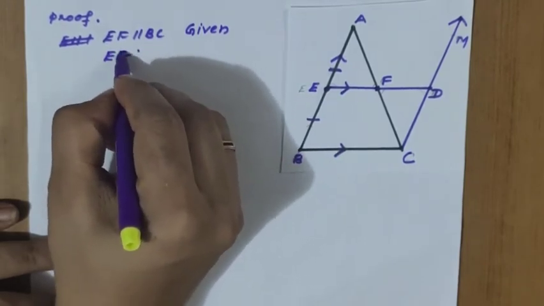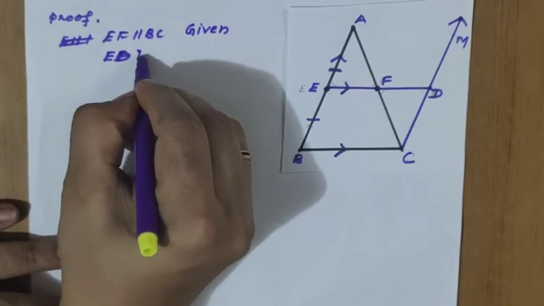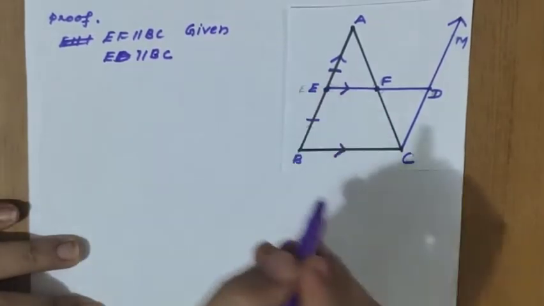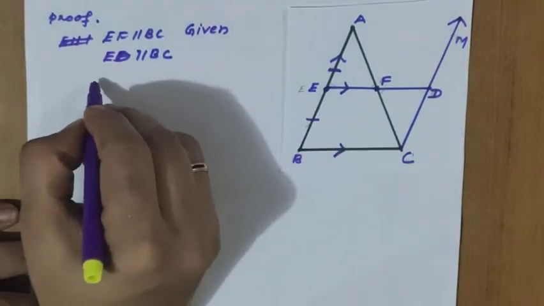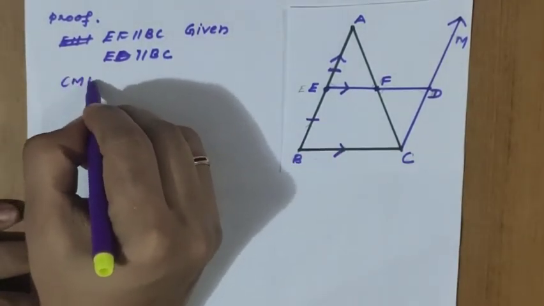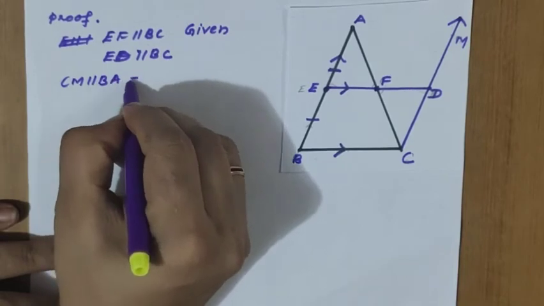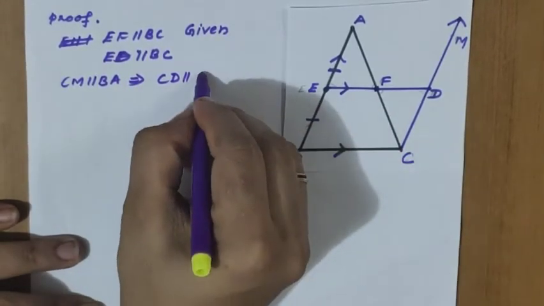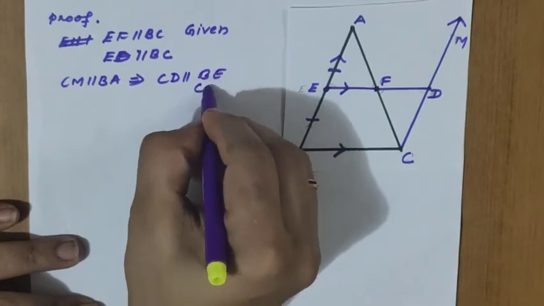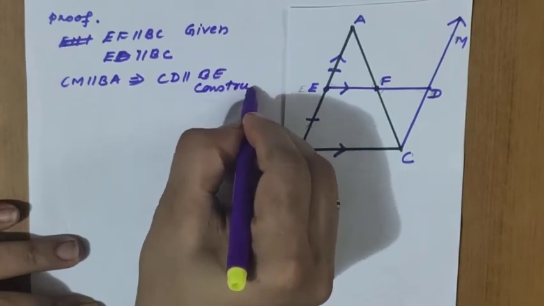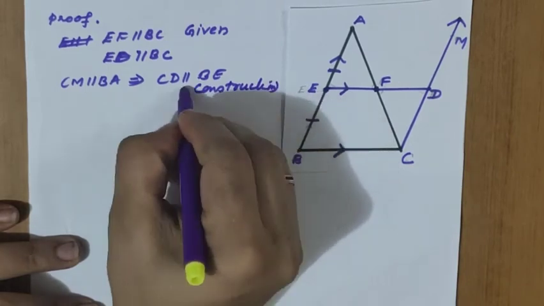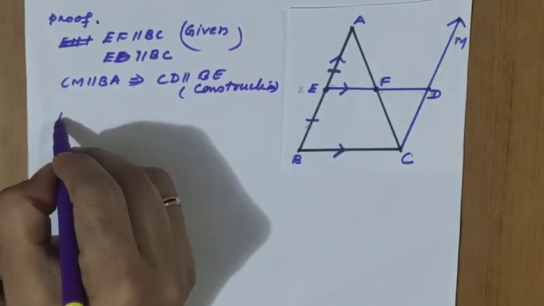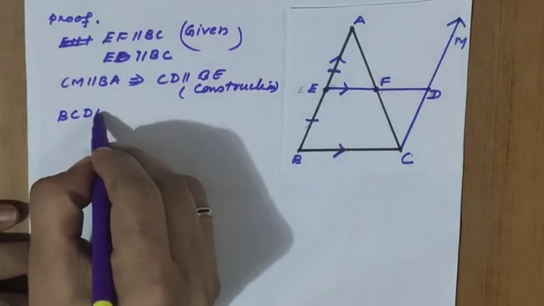So EF became ED for us. ED parallel to BC, that is a given property only. Now by construction, CM parallel to BA implies CD parallel to BE. So one by given, another by construction. So can we write BCDE is a parallelogram?